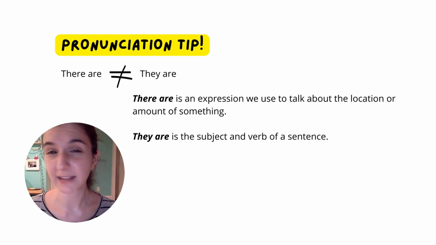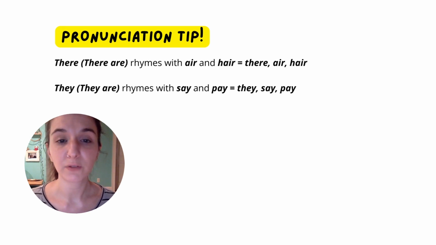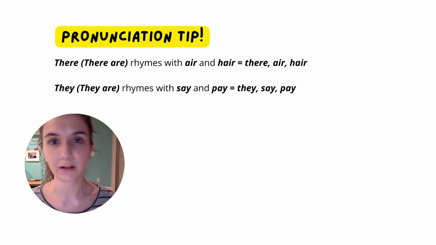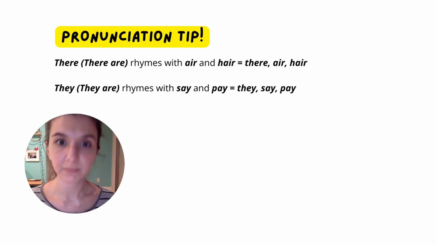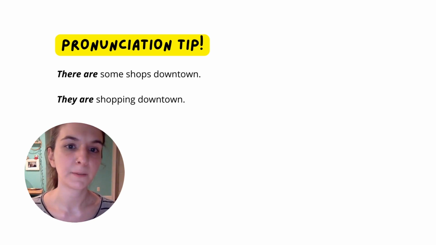You should not say them the same way. So for example, there, as in there are, rhymes with air and hair. There, air, hair. They, as in they are, rhymes with say and pay. They, say, pay.